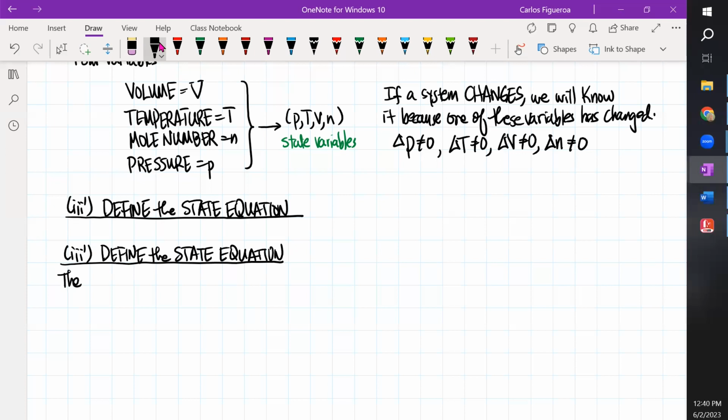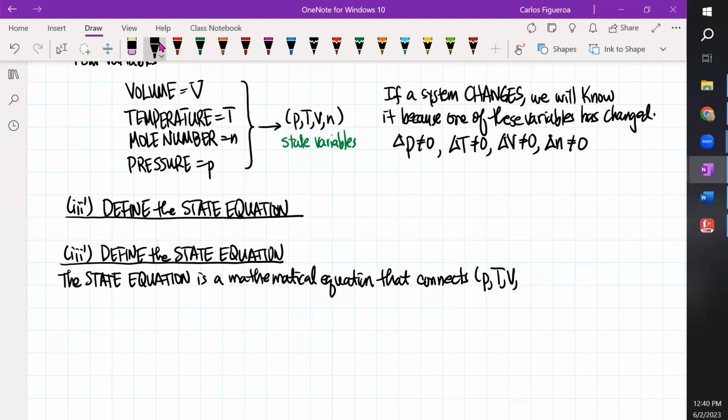So the state equation is a mathematical equation that connects pressure, temperature, volume, and mole number together.